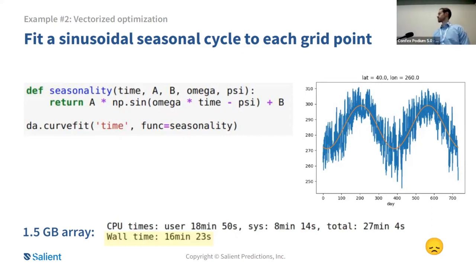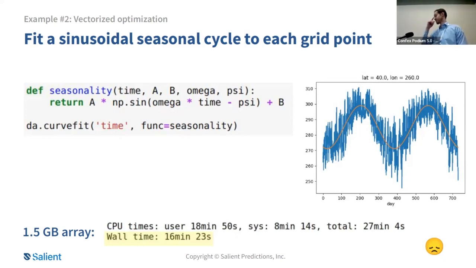I picked this example because Xarray already has a curve fitting API that I worked on, so I know it fairly well. And it just uses SciPy's curve_fit under the hood, which, again, only takes one-dimensional arrays. So we have to pass it through apply_ufunc and turn on the vectorize option, which makes it really slow when you have big gridded data.